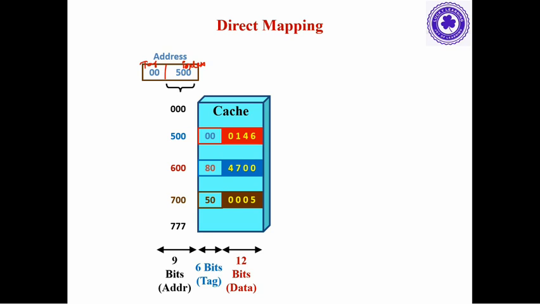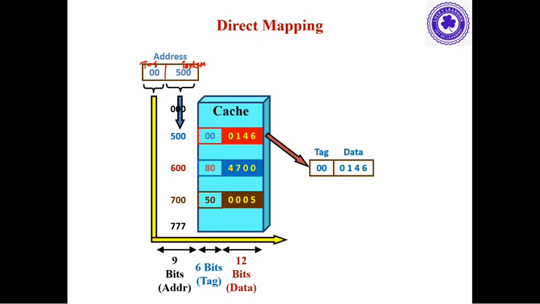If the index is 500, it goes to the 500th location and reads out the cache word, consisting of tag 00 and data 0146. But is it the exact word the CPU requires? We conclude by comparing the tag fields: the tag of the argument register is compared with the tag of the word read from the cache. If both match, it is called a hit.